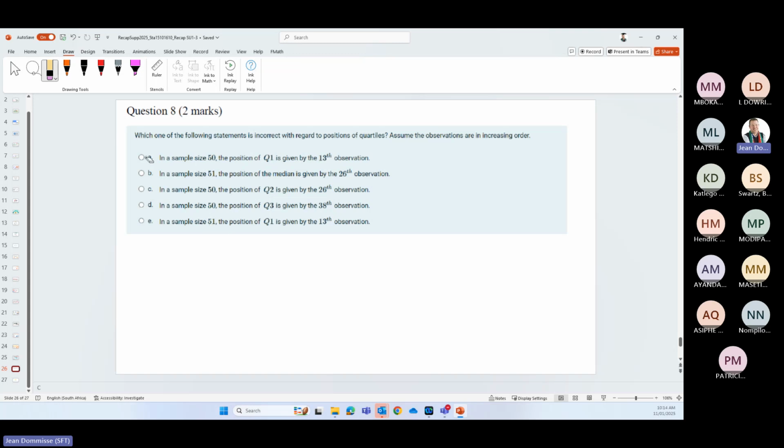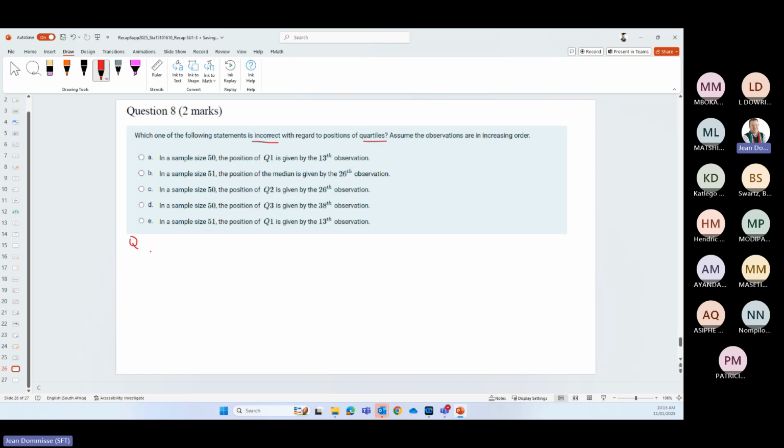Okay, so let's look at this one. Which one of the following statements is incorrect with regard to positions of quartiles? Assume the observations are in increasing order. So we need to basically look at the formula.